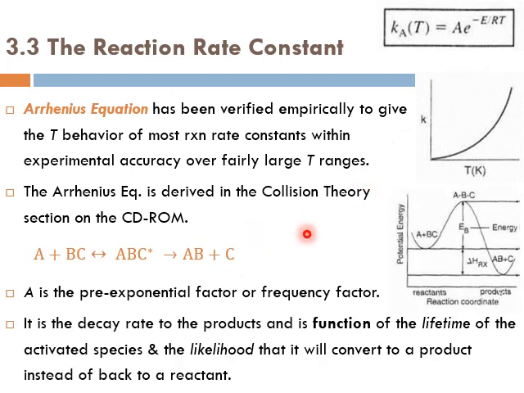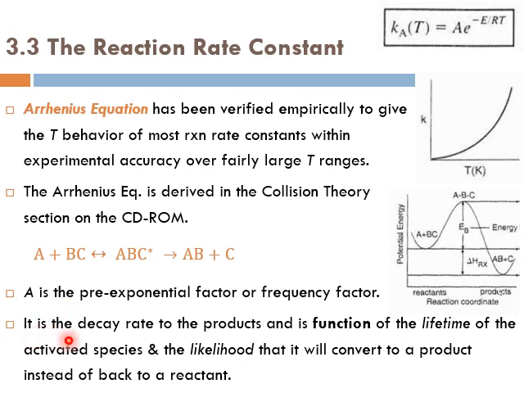So let's look at this reaction. A reacting with BC to form AB and C. And in order for the reactants to go from here to here, it will first go through an activated species, as you can see. So here the reactants are, these are the products, and in order for these to go to here, it first has to go through an activated state species.